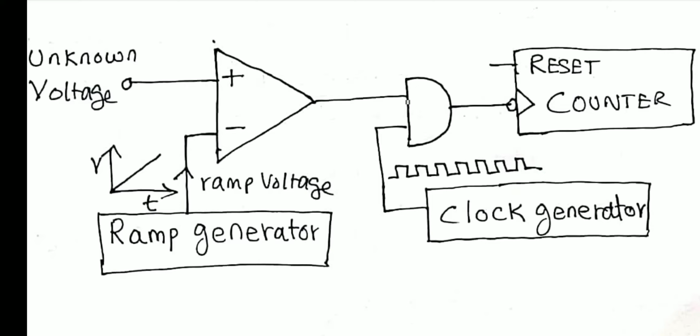For every negative edge of a pulse, the count value is incremented by 1. Initially the count value is 0. When one pulse comes, the count value will be 1. When the other pulse comes, the count value will be 2, and it keeps on counting until the AND gate closes.